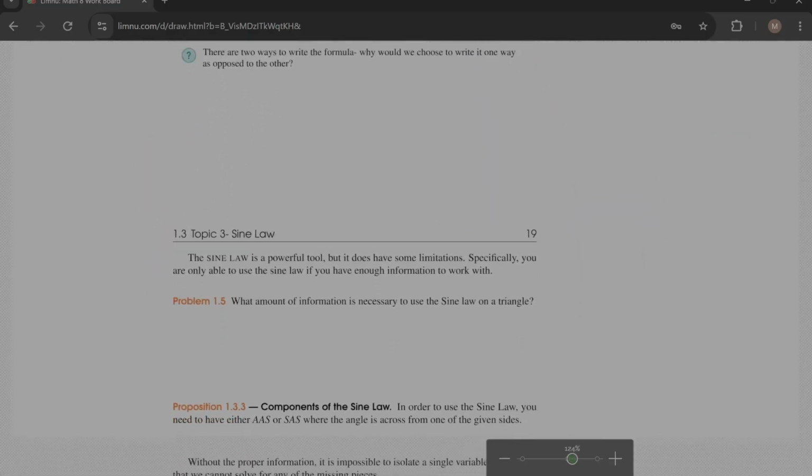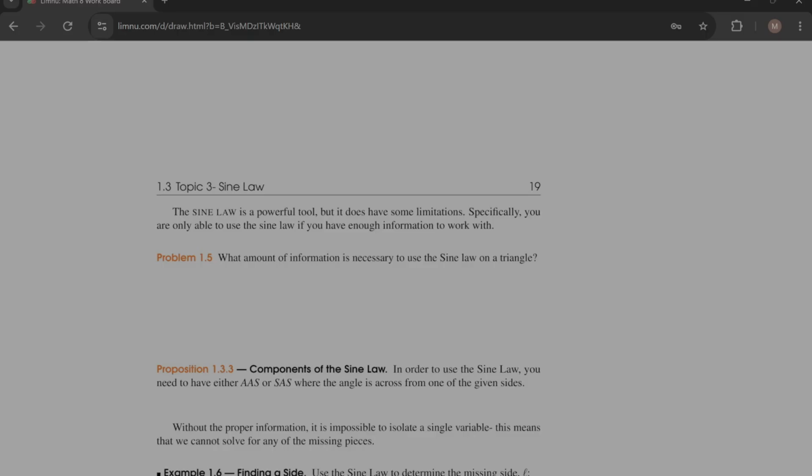All right, so that's our sine law. The sine law requires you to have a specific amount of information. You need to have three pieces. And sometimes they'll be given to you. Sometimes you'll have to do a little bit of digging, and I'll show you both situations. So the three pieces is a matching pair.